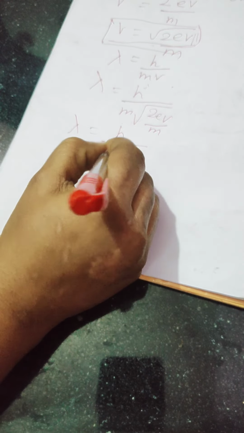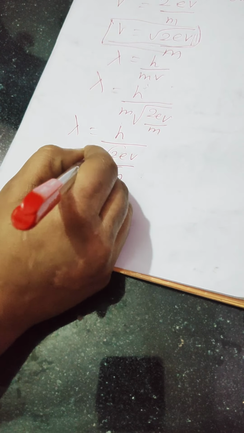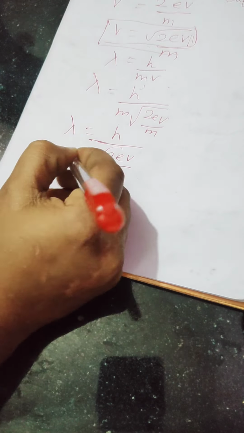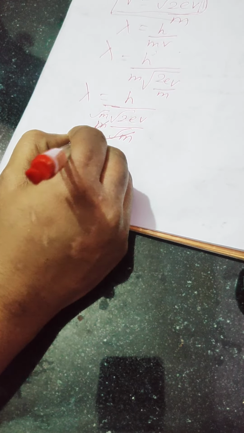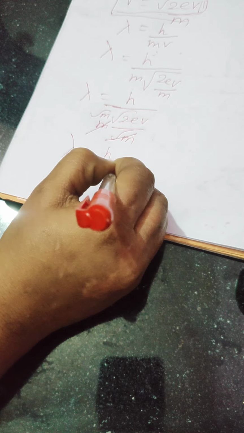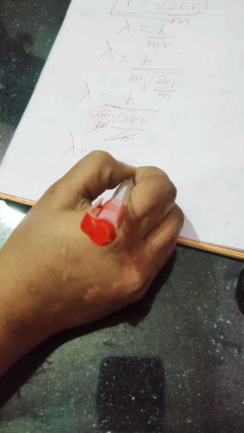Lambda is equal to h divided by root 2eV divided by root m. But here I have one m extra. So when I cancel this root m and this normal m, I'll have root m here. Clear? So I can write this equation as lambda is equal to h divided by root of 2meV. This root m, I am writing inside the root.